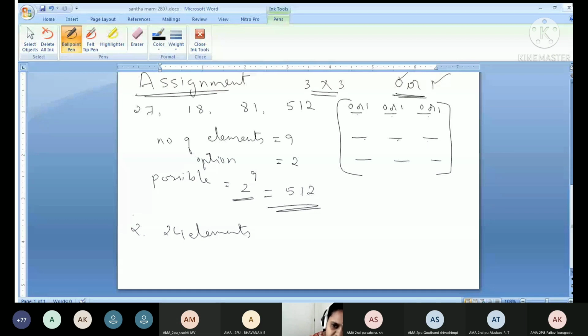If it has 13, factors are 1 and 13 only. So with 1 and 13 only, what is the order? 1 by 13 and 13 by 1. This is the answer. For 24 elements, I have discussed this already, no? Write down all possible factors and write the orders.